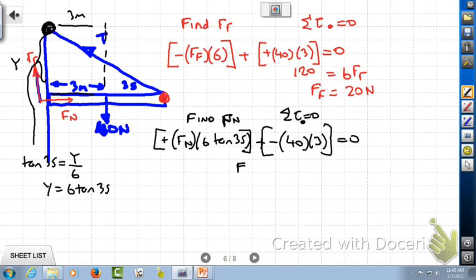So Fn is equal to 120 divided by 6 tan 35, which equals 28.6.